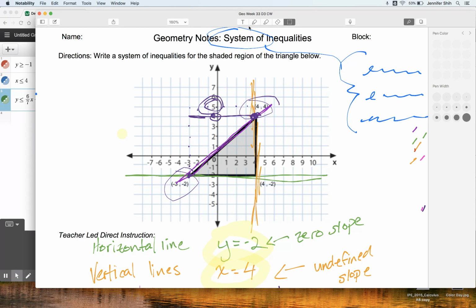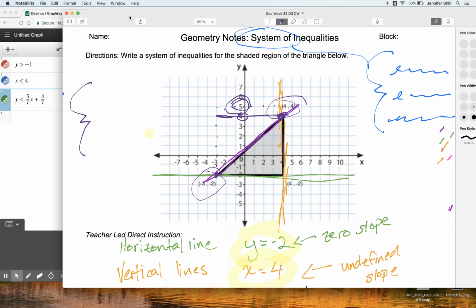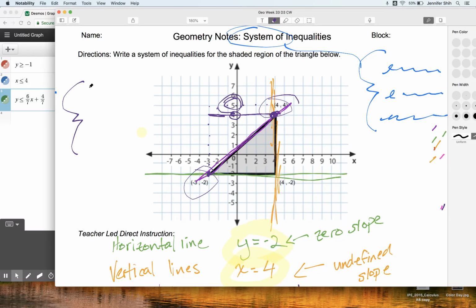So your system of inequalities is, oh, brilliant, look, it's right here to my left. Y is greater than or equal to -1. X is less than or equal to 4. And y is less than or equal to 6/7 x plus 4/7.